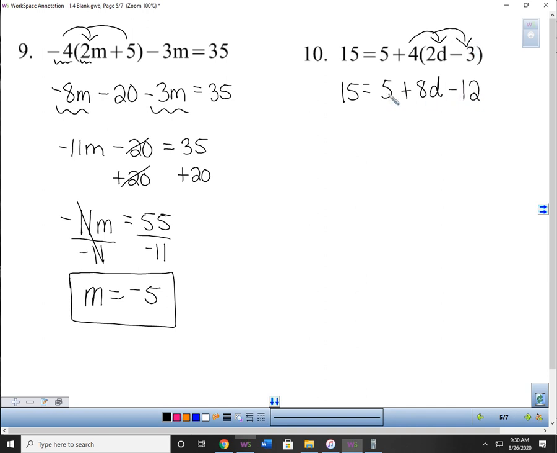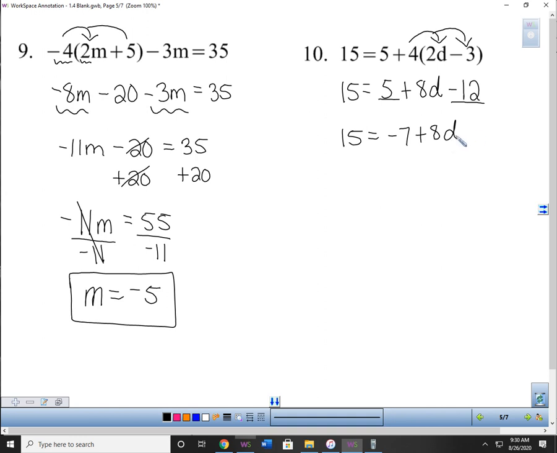All right, before I start solving, I've got to make sure I don't have anything to put together. I can actually combine 5 and -12. So I keep the 15. 5 and -12 make -7. And then I still have my +8d.